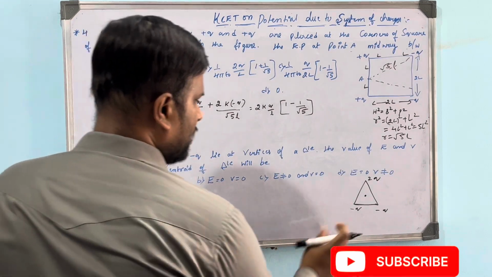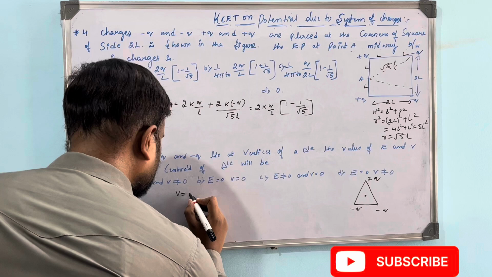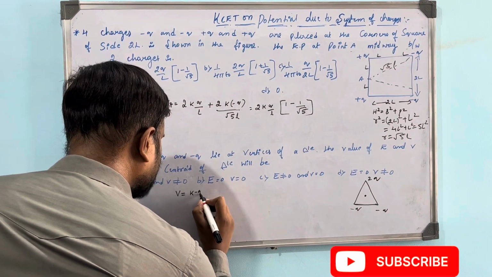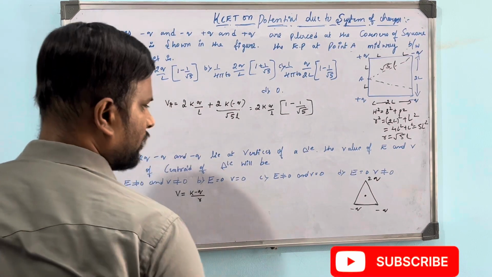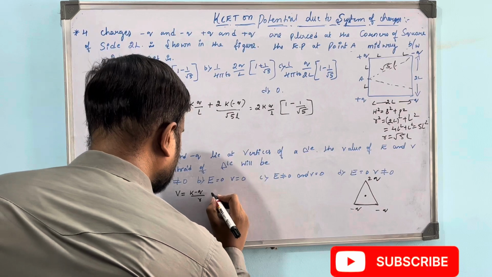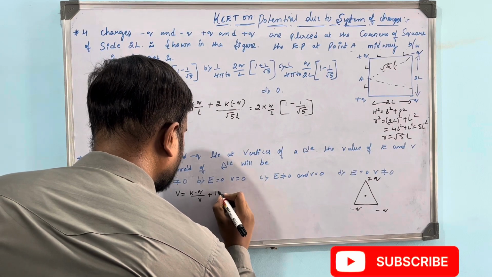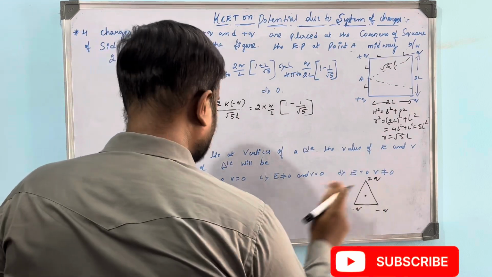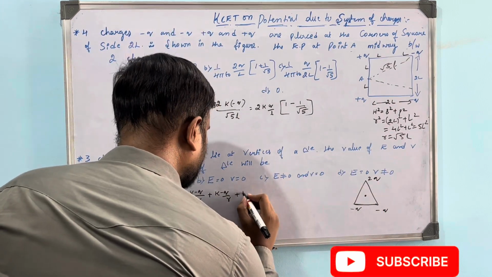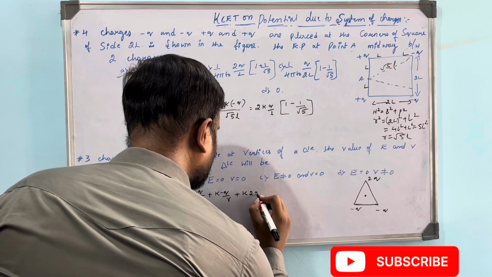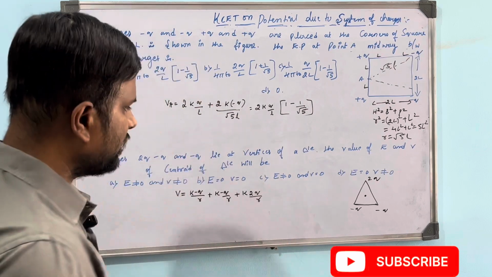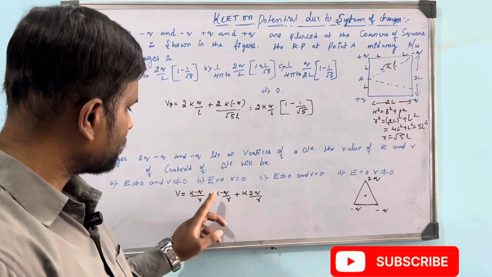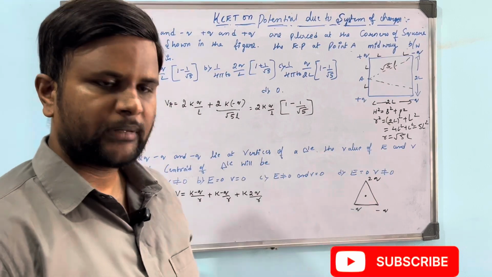Now I will calculate V. V due to the minus q charge is 1 by 4 pi epsilon naught minus q divided by r. Similarly, for the other charge, plus 1 by 4 pi epsilon naught minus q divided by r. Due to this one, plus 1 by 4 pi epsilon naught 2q divided by r. Here I have taken the minus q charges and the plus 2q charge.